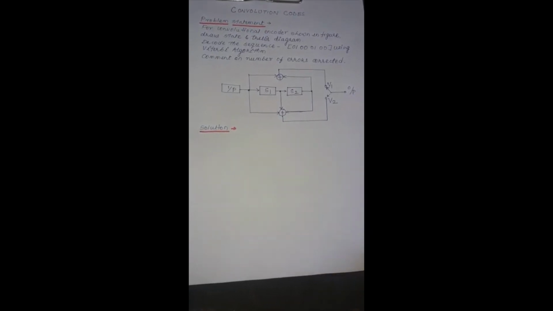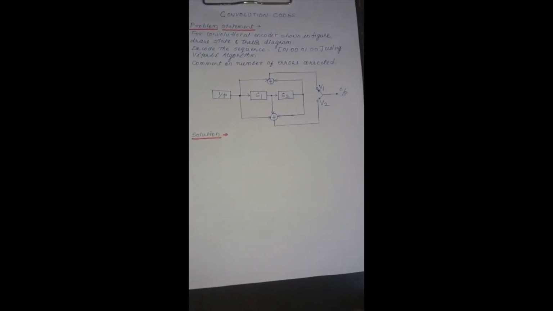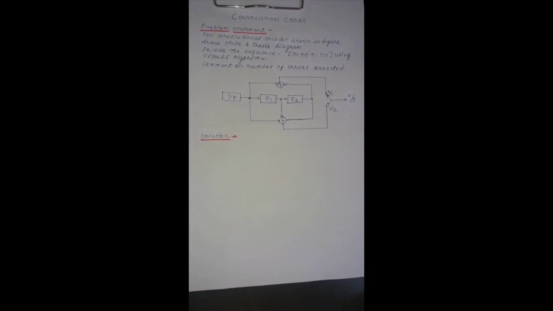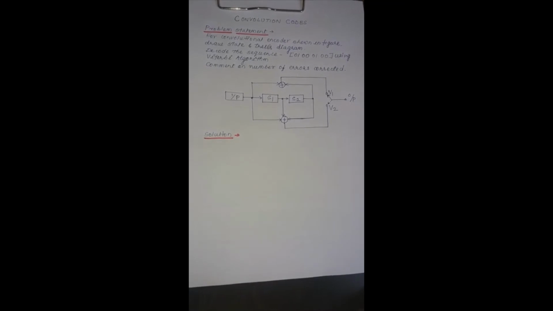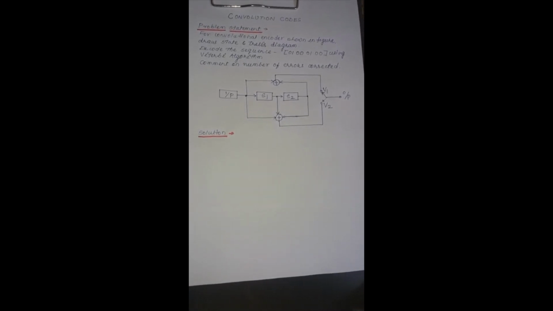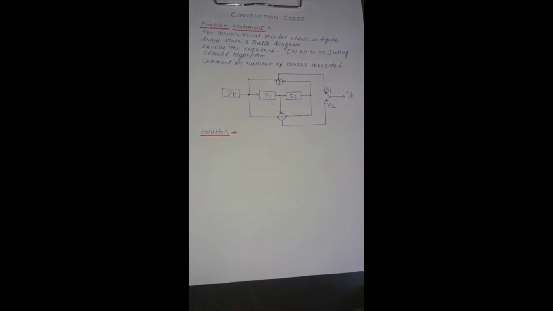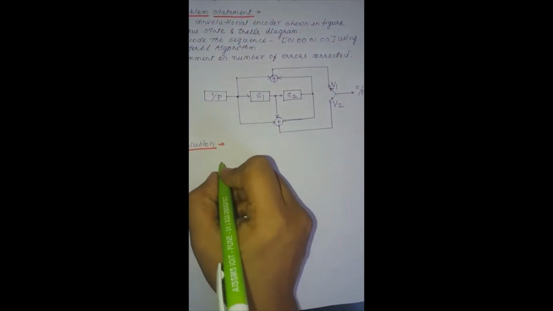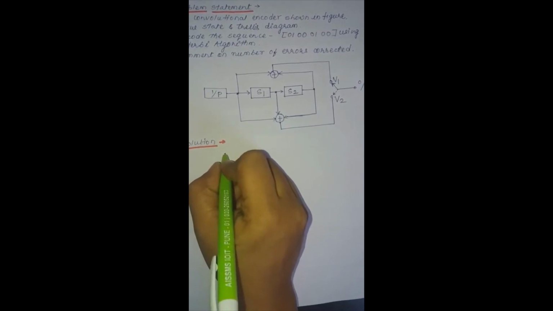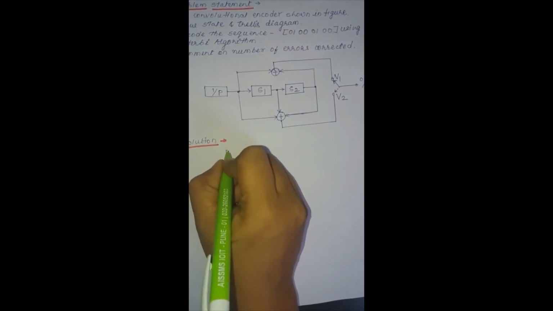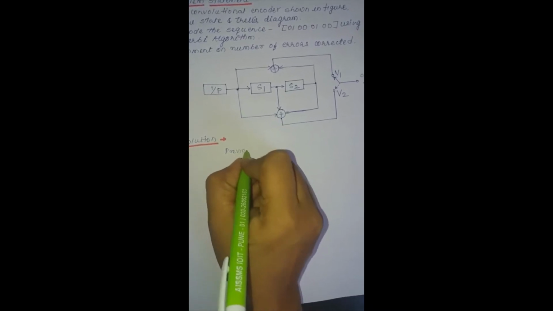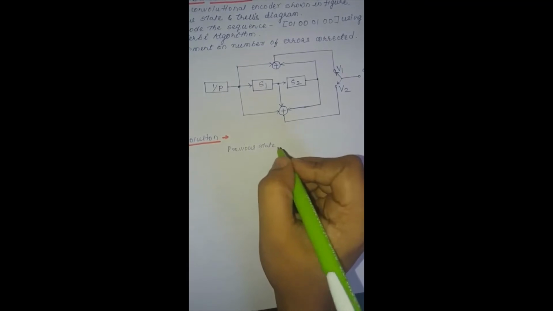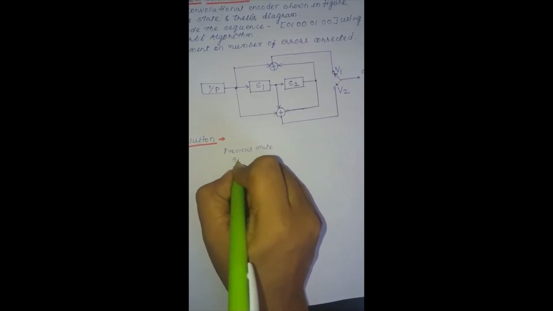To draw the state diagram, we first need to draw the state table. Let's understand how to draw the state table. State table consists of the previous states and current states of the flip-flops S1 and S2. So, we'll write the column of previous state for S1 and S2.